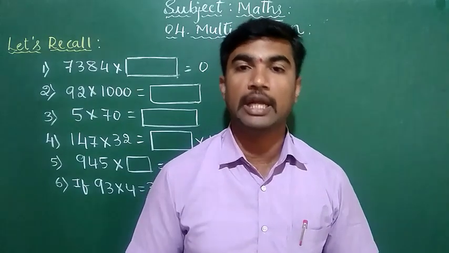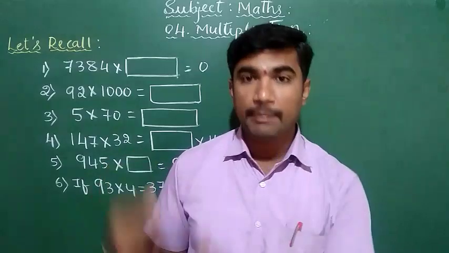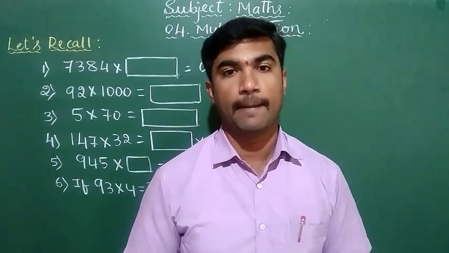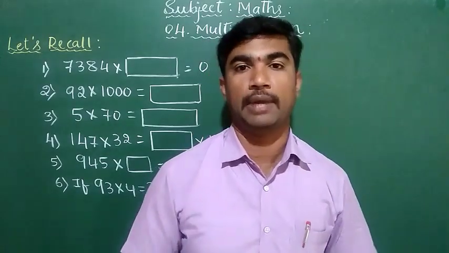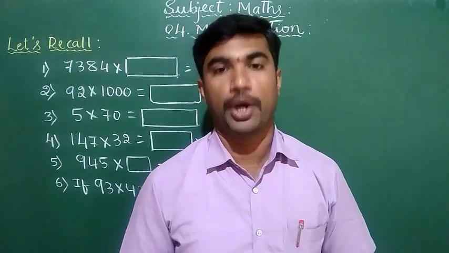The result obtained we call the difference. Like that, in multiplication also we need a minimum of two numbers, one multiplicand and one multiplier, and the result obtained we call the product.